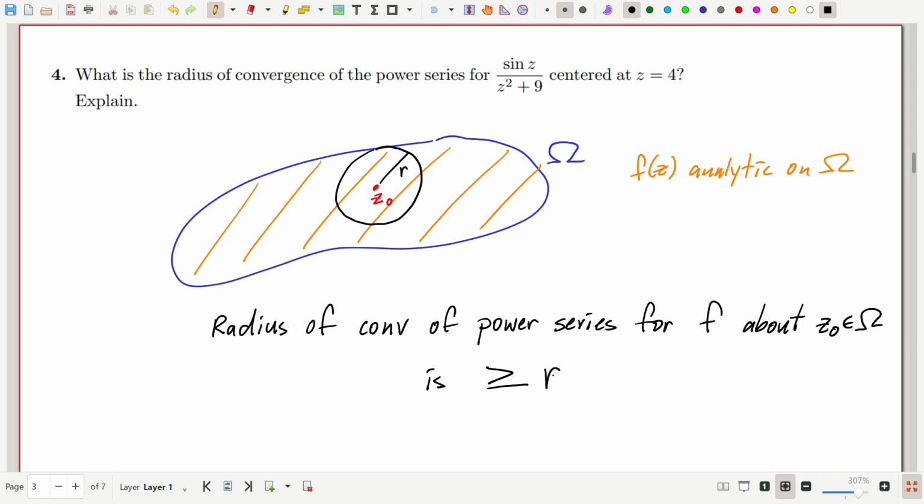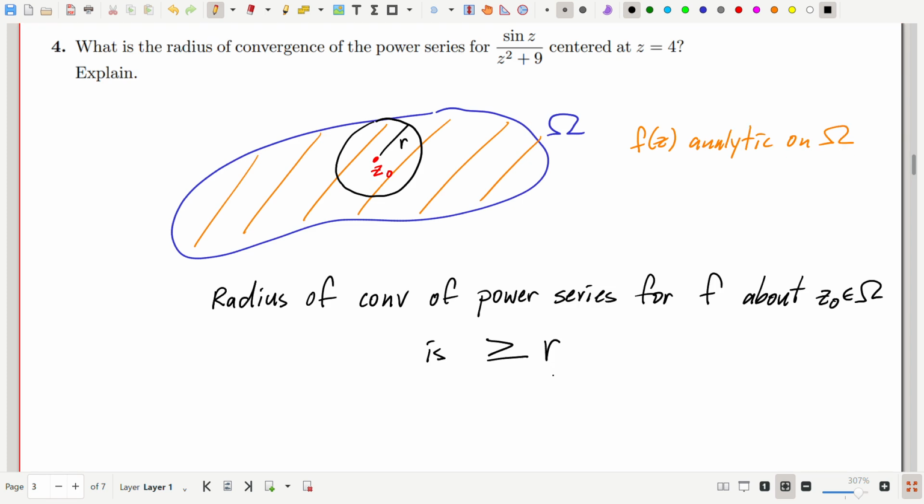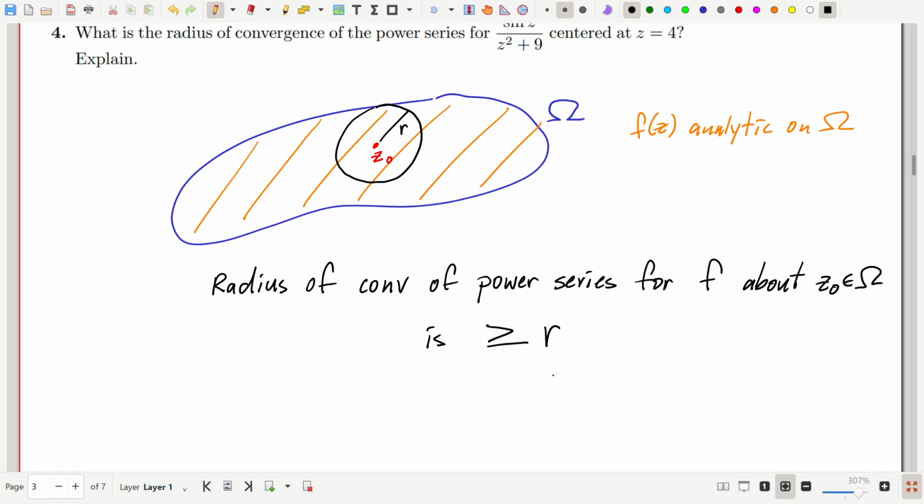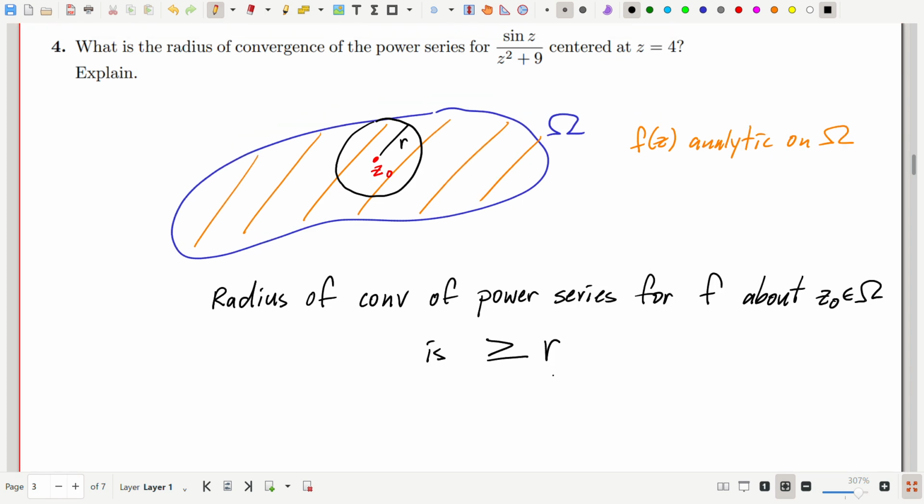And so in this problem, we would look at sine z over z squared plus 9, centered at z equal 4, and ask what's the biggest disk I can put where that would be analytic. Well, z squared plus 9 has zeros at plus and minus 3i.